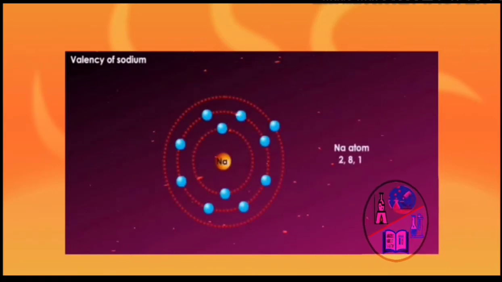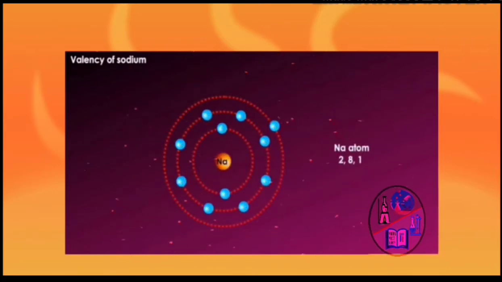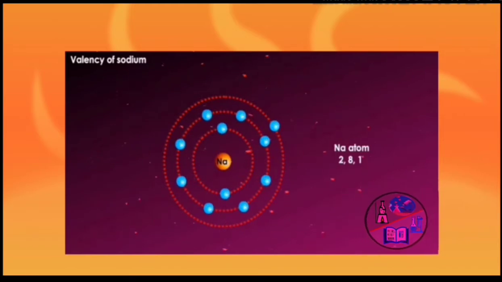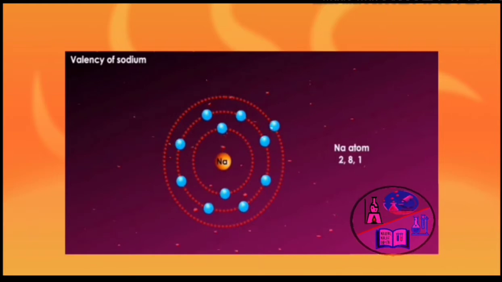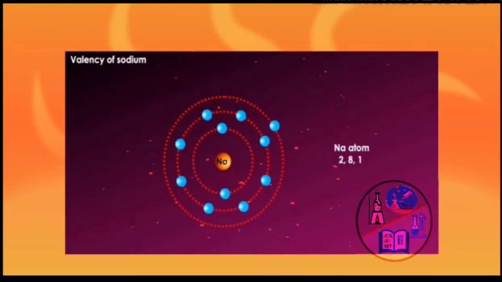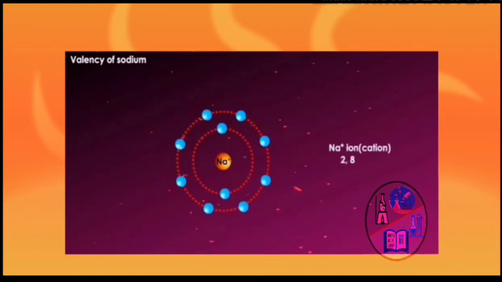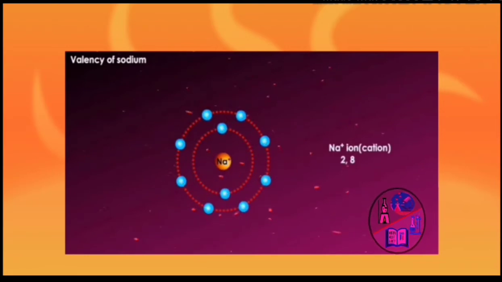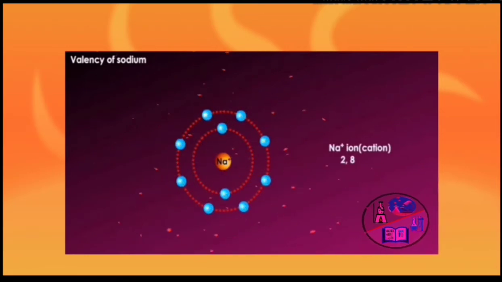For example, the valency of sodium, its electronic configuration is 2, 8, 1. So, it loses its 1 electron to obtain its octet configuration.